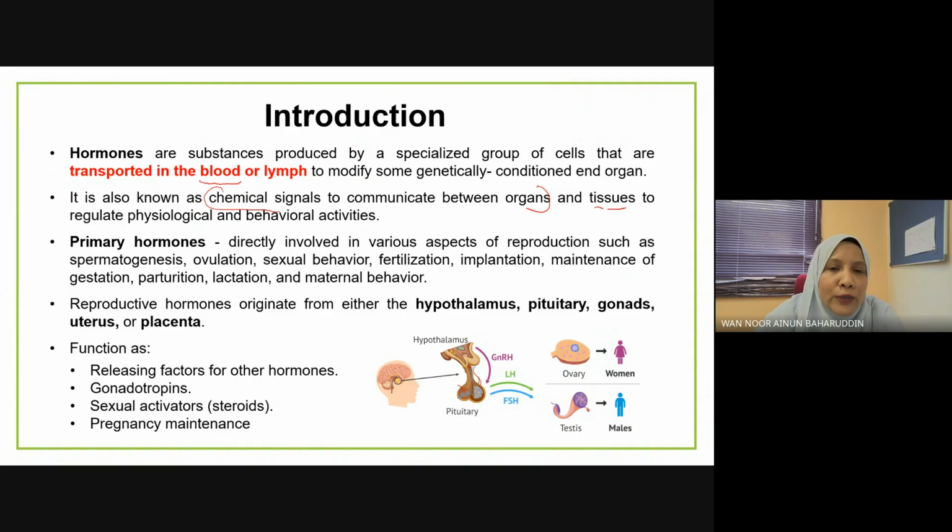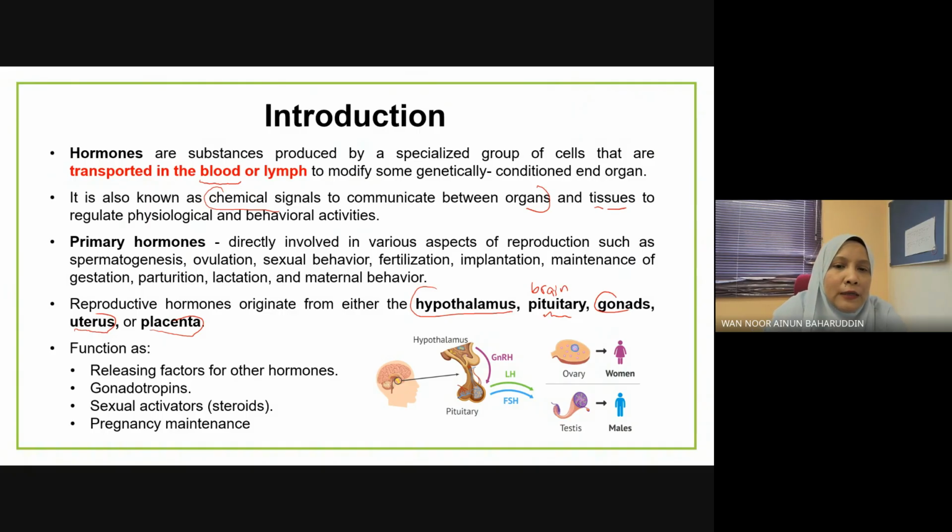So reproductive hormones originate either from the brain itself, where we have the hypothalamus, or the pituitary gland, also in the brain, or the gonads, meaning the sexual organs can also produce hormones. The uterus also, the part for implantation, as well as the placenta.